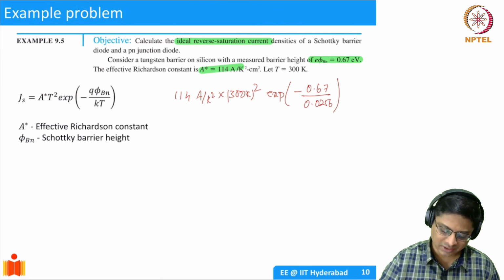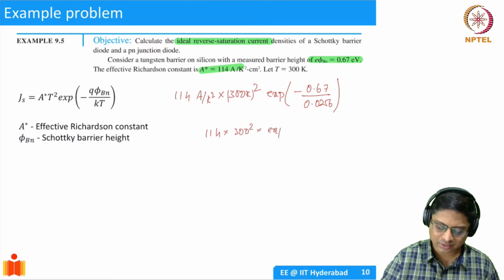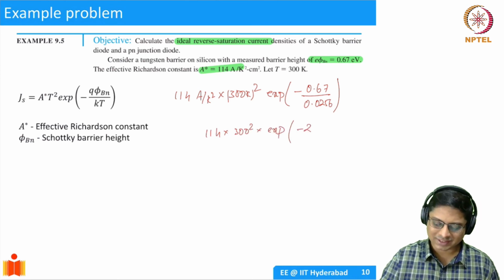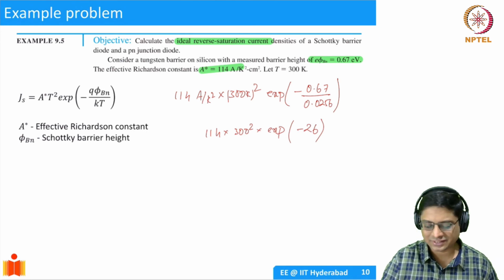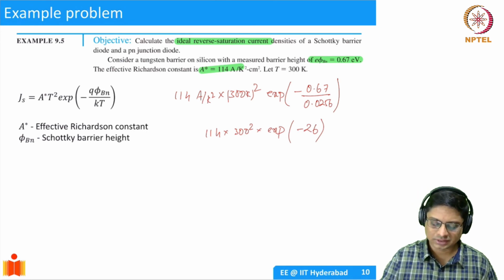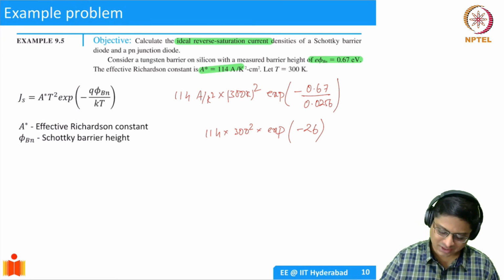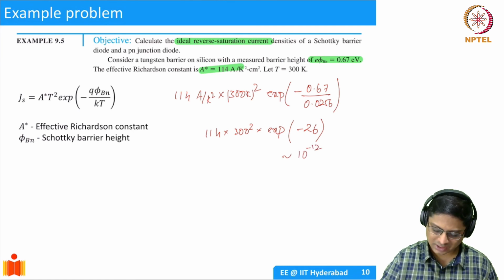So this is going to be 114 into 300 square into exponential, let's say minus 26, minus 27, something like that. So if you do that, what happens? This is going to be some number which is in 10 power minus 12, I think. You please verify.